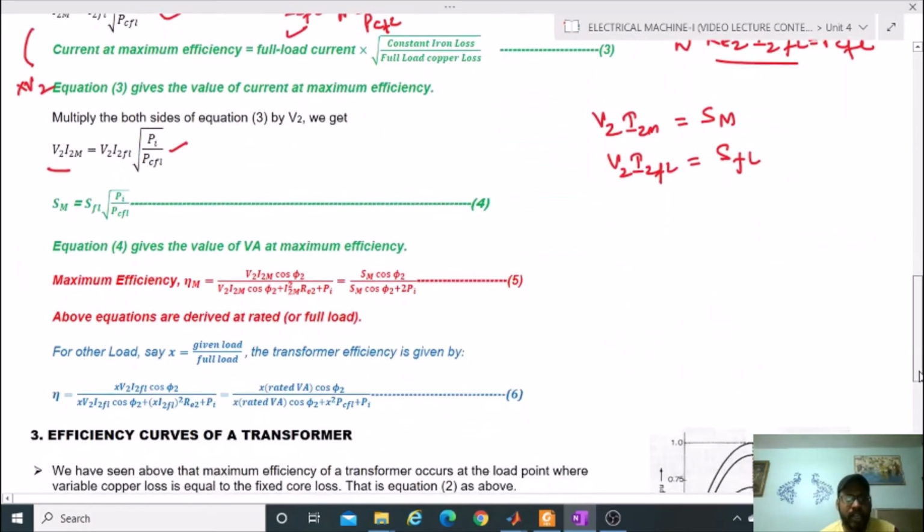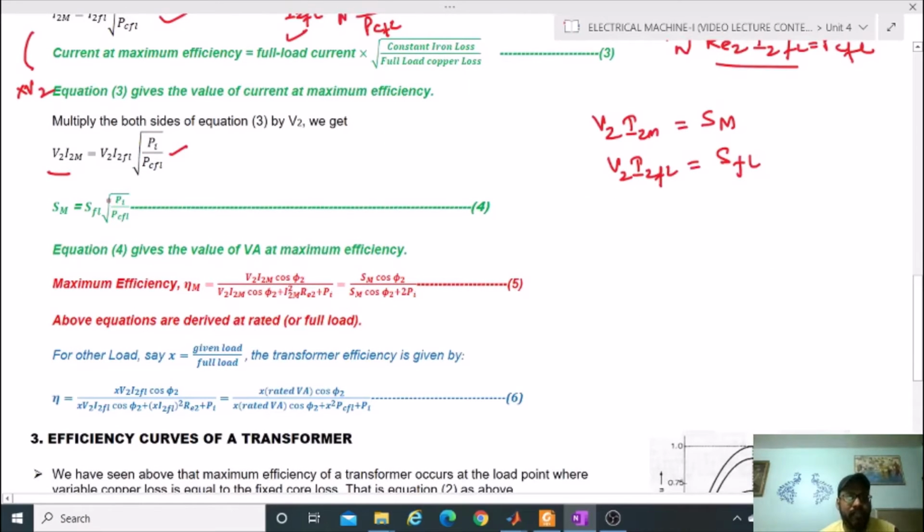So this equation, Sm equal to SFL under root Pi by PCFL, is the equation for kVA or the VA at maximum efficiency.